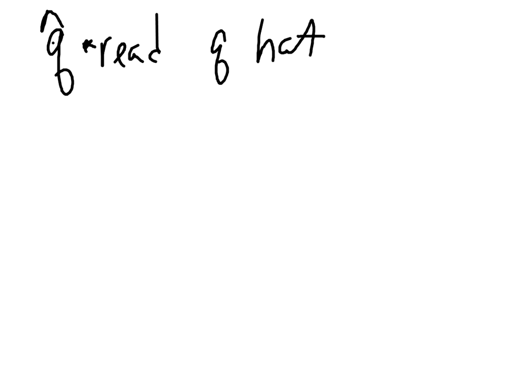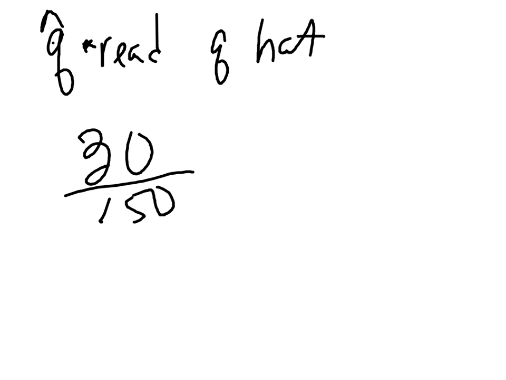I'm going to give you a situation first, then I'll summarize it. Let's say that we go to a campus and take a sample, and we find that 30 students out of 150 that we survey are receiving financial aid.